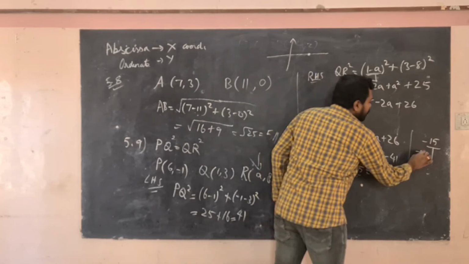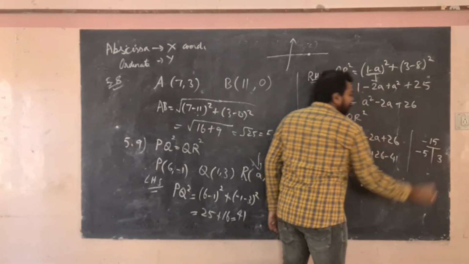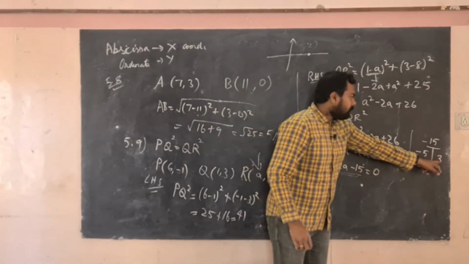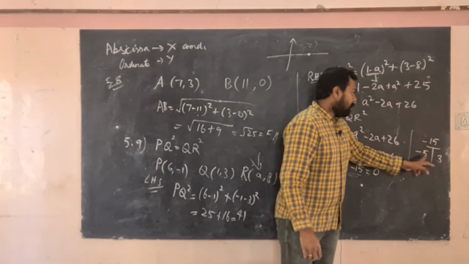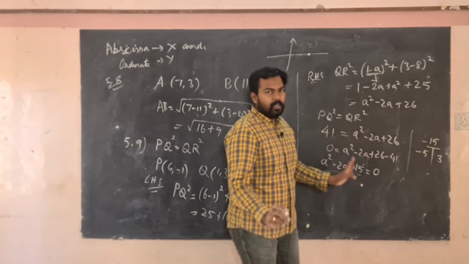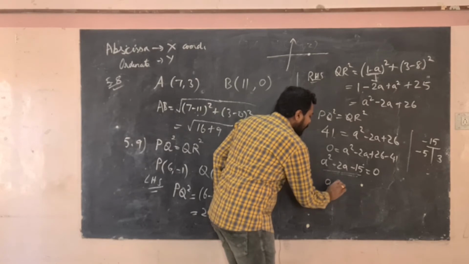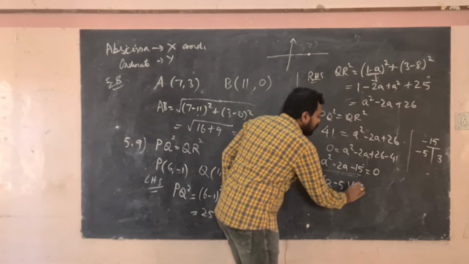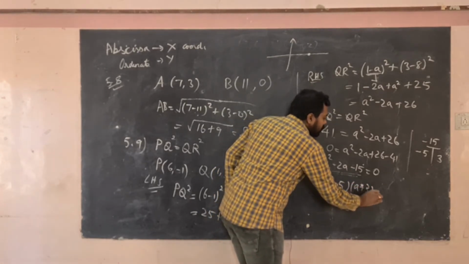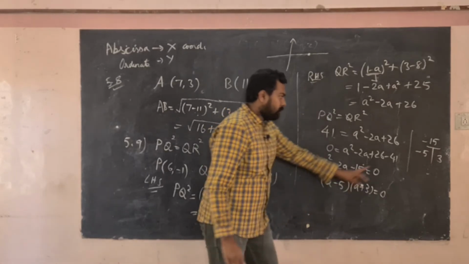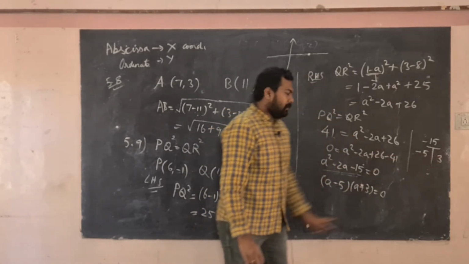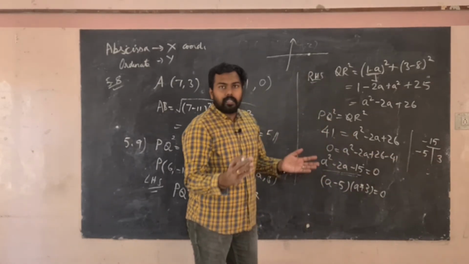So what am I going to multiply by? Minus 5 plus 3. See, minus 5 into 3 is minus 15, and adding minus 5 plus 3 is minus 2. So we can write it as A minus 5 into A plus 3 equal to 0. So we have to equate.